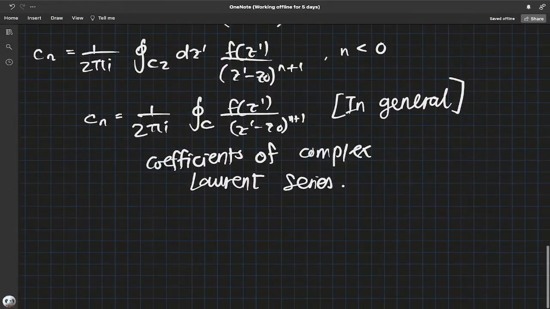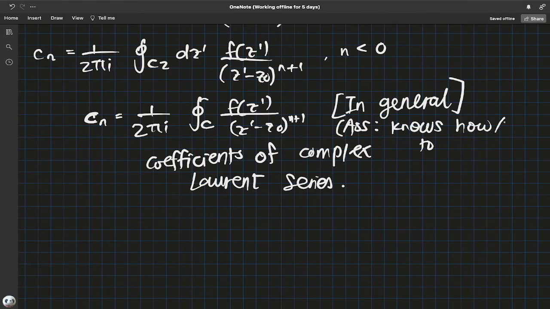Again, the way I generalize it with a contour integral over C is using the assumption that any person who's calculating these coefficients knows how and when to deform the contour.